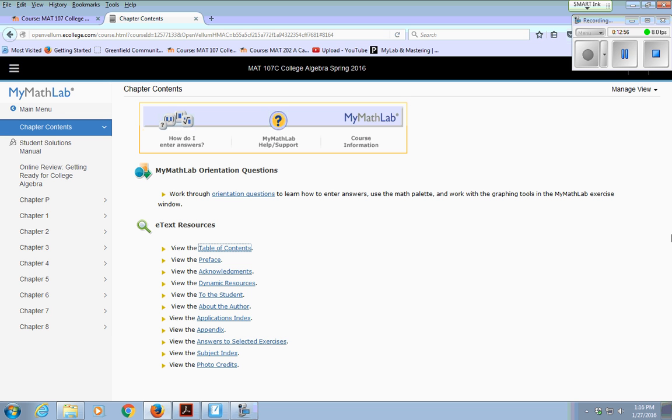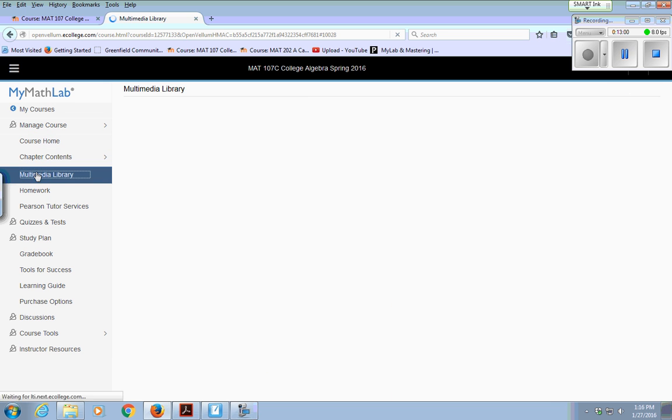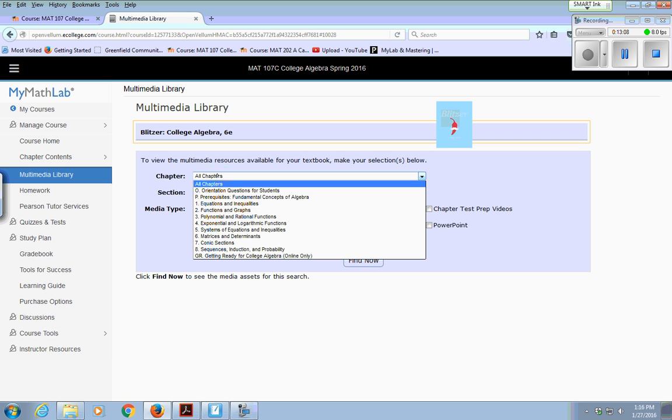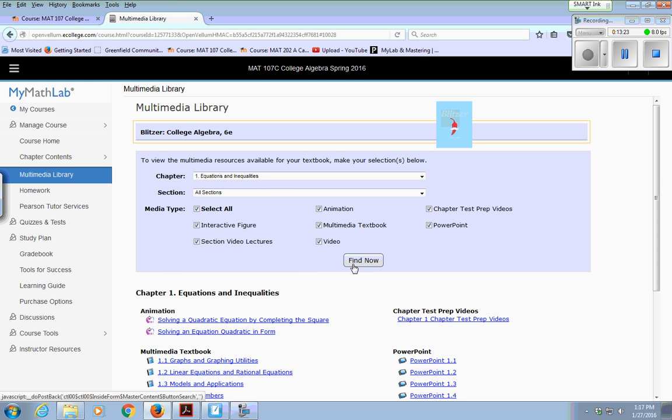So that's how you get to the textbook, and then I'm going to go back to the main menu here, and multimedia library is also really cool because the textbook provides all kinds of cool things for every chapter and section. Like let's look at chapter 1, all sections. We'll see what they've got. There we go.